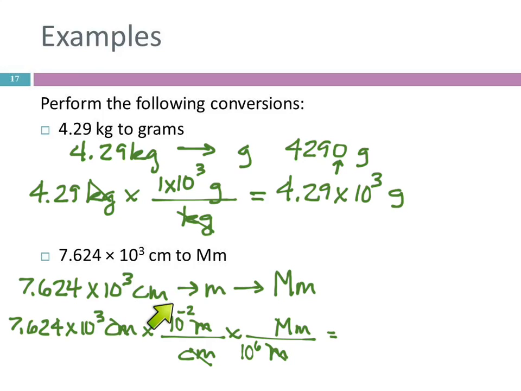And so 3 and minus 2 gives us an exponent of plus 1. When you divide, you subtract. So plus 1 minus 6 is minus 5. And so the answer comes out to be 7.624 times 10 to the minus 5 megameters.